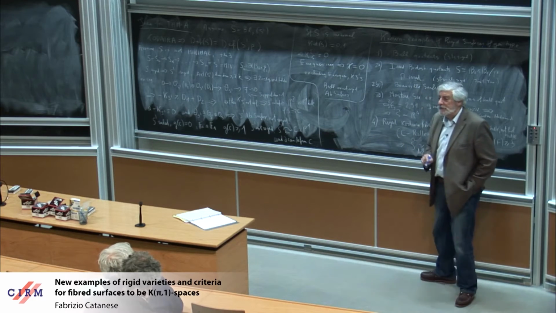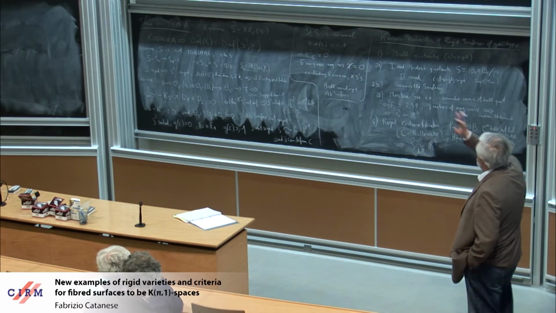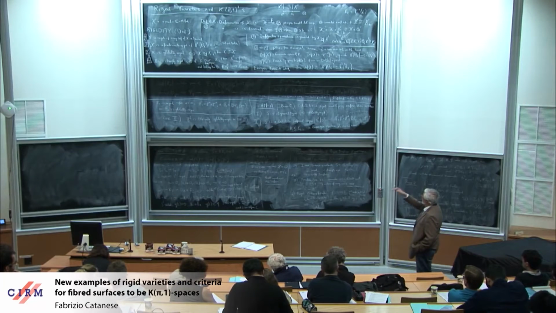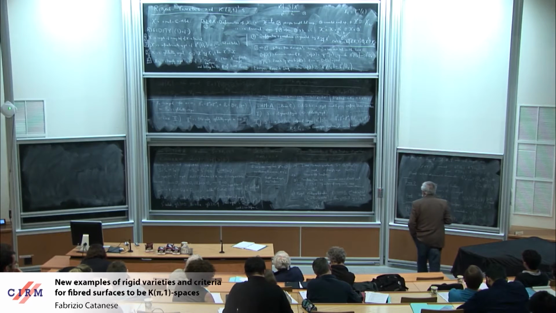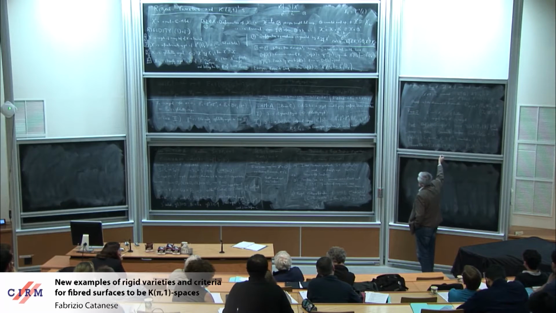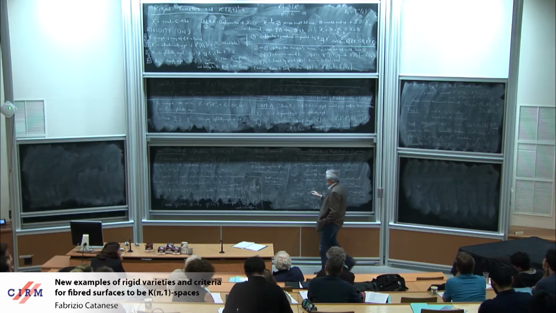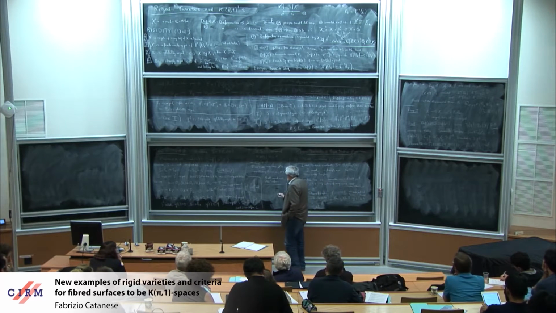So here comes the connection with the topology. Except in the ruled case, whenever we take the known rigid surfaces, we always have that they are a K(pi,1).